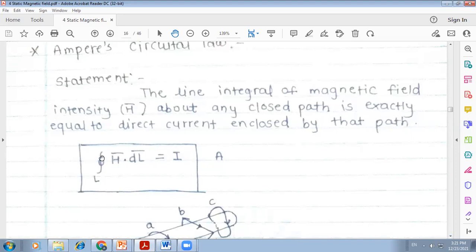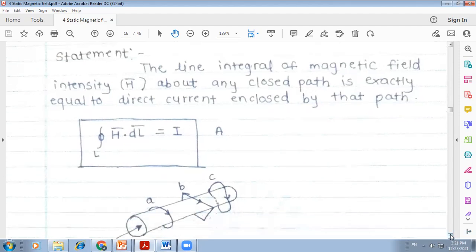That's why this circular symbol is there. Mathematically we can write it as the closed line integral of H bar dot dl bar is equal to current I, and this current I is measured in ampere. That's why this closed line integral of H bar dot dl bar is also in ampere.